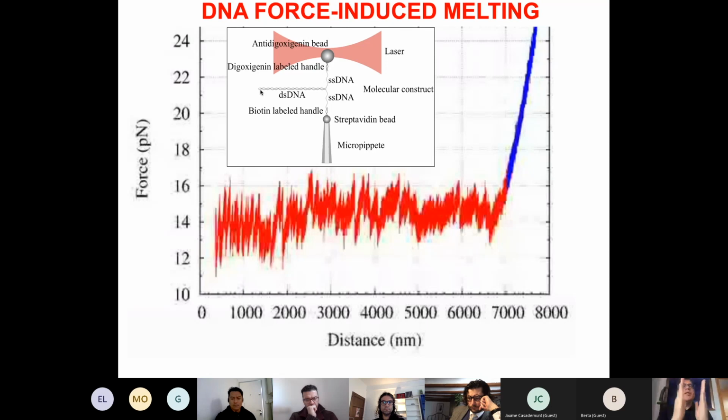So what can I do with this experiment? With the experiment, because I'm breaking the base pair interactions between the two complementary strands, I can measure the energies of hybridization of the base pairs. So I can extract experimental measurements, I can extract numbers for the energy of forming GC and AT base pairs.